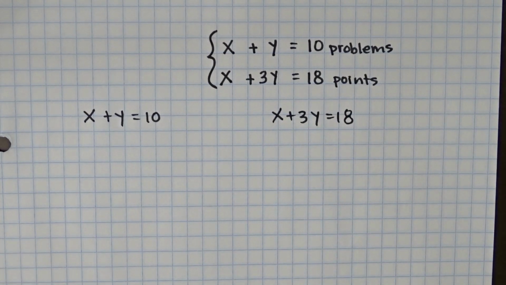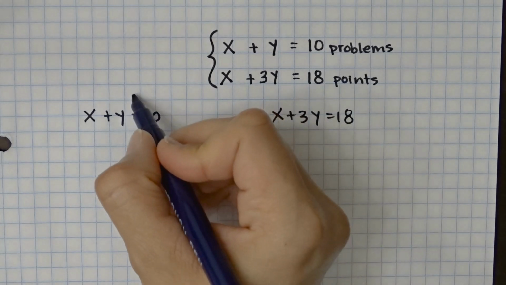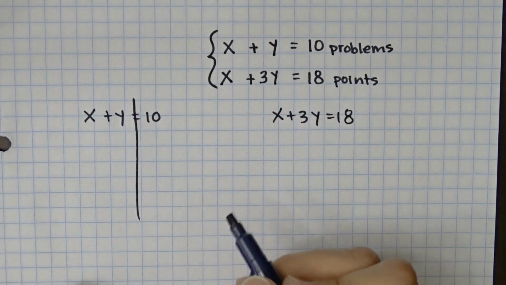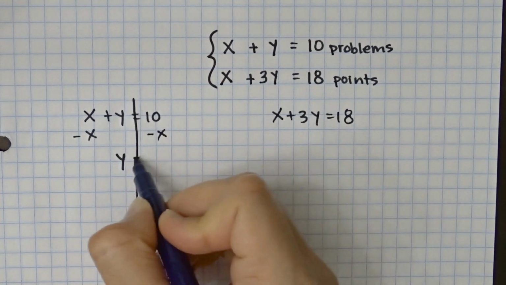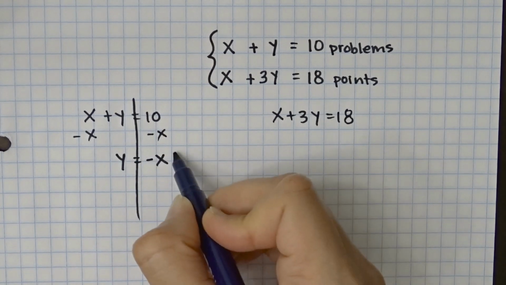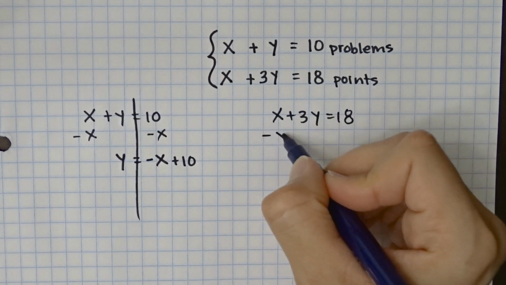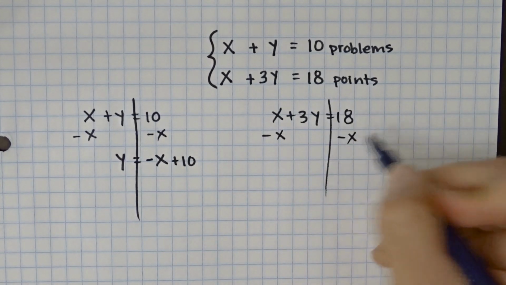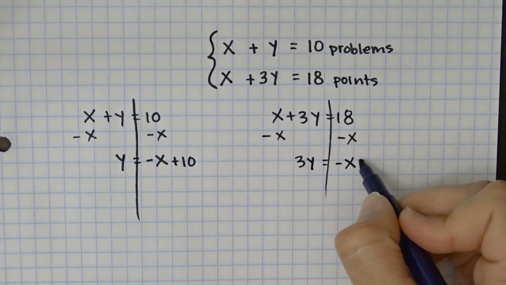And my goal is to get them into slope-intercept form because personally that's the easiest way I can graph lines. So subtract x and I get y equals mx goes first plus b. Then over here, subtract x, 3y equals negative x plus 18.